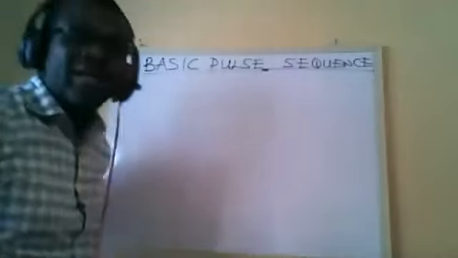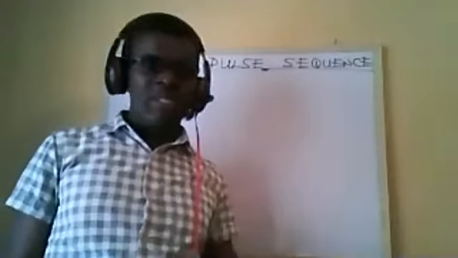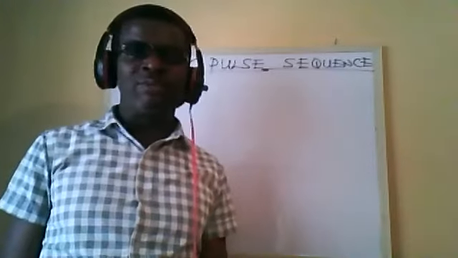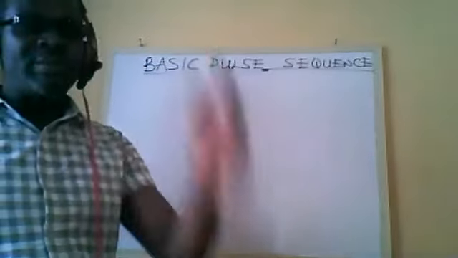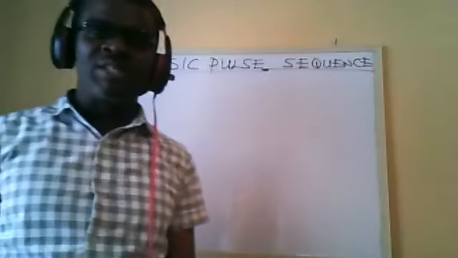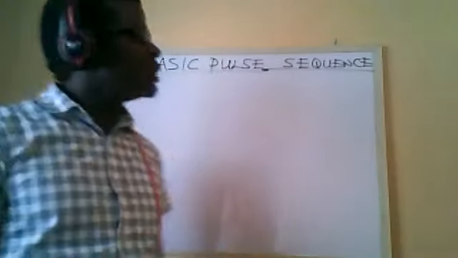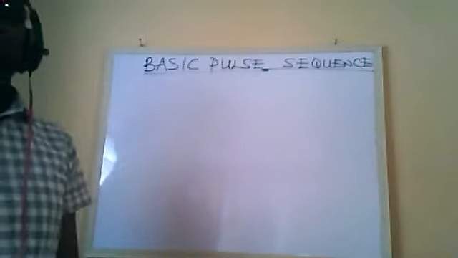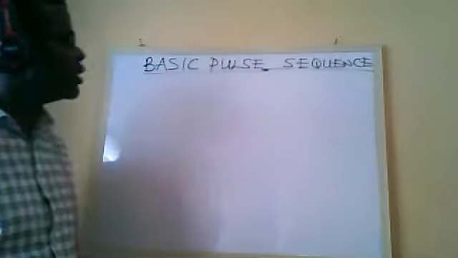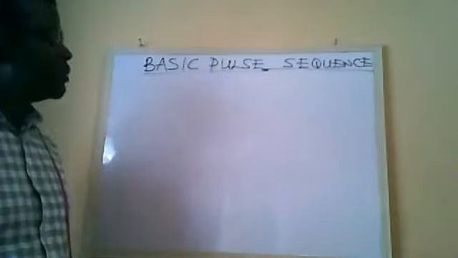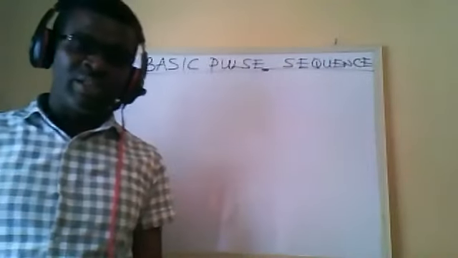In MRI imaging, we often talk of so many pulse sequences. Which sequence do we want to use at a particular point in time that will give us the best image and help us maximize contrast? So the key to choosing the best type of parameters is based on an understanding of the basic pulse sequence, which we are going to briefly talk about this morning.